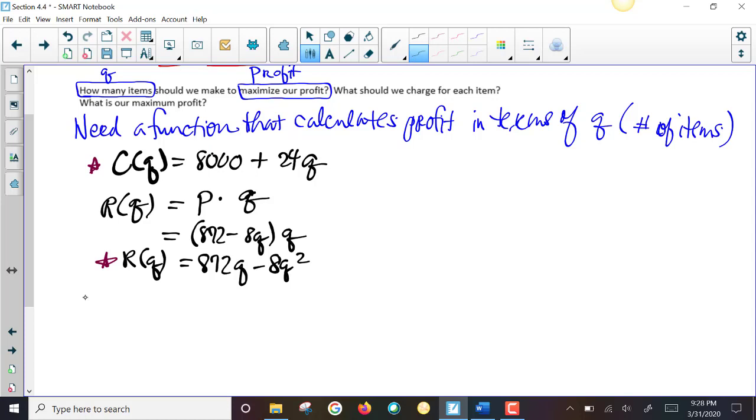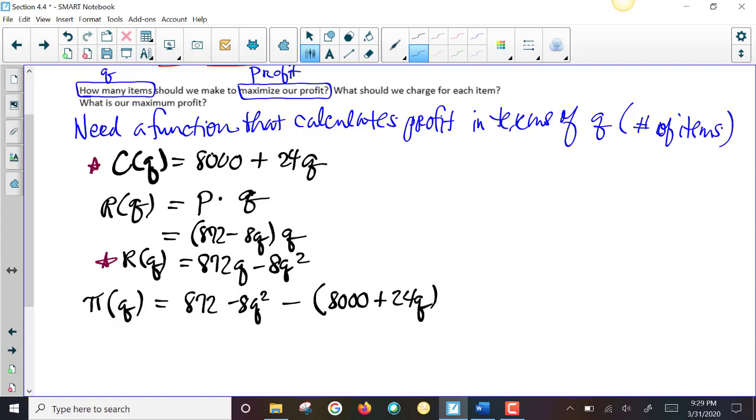That's important. All right, so profit in terms of Q, number of items, is revenue minus cost. Once again, don't forget the parentheses because you're subtracting. All right, so distribute and combine like terms.